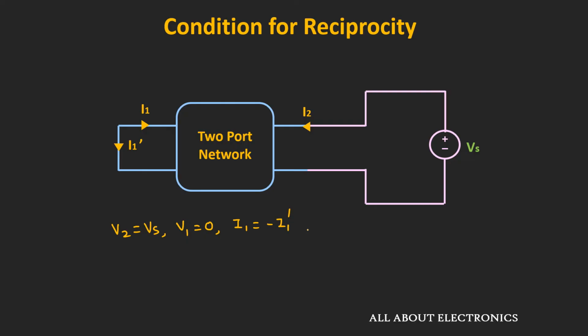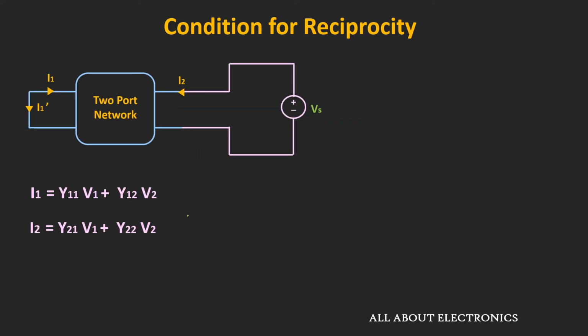Using these conditions, we can write the first expression as minus I1 dash is equal to Y12 times Vs, or we can say that voltage Vs divided by I1 dash is equal to minus 1 divided by Y12. Let's say this is the second expression.